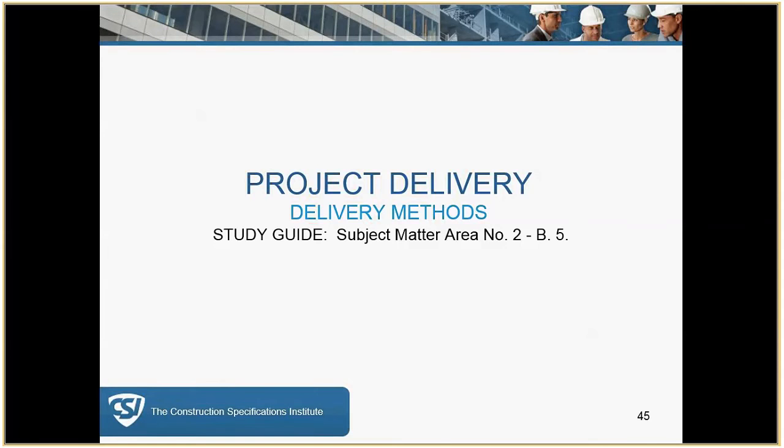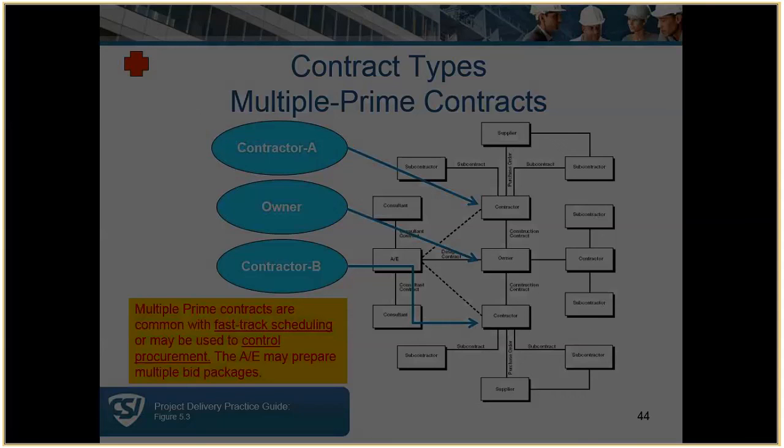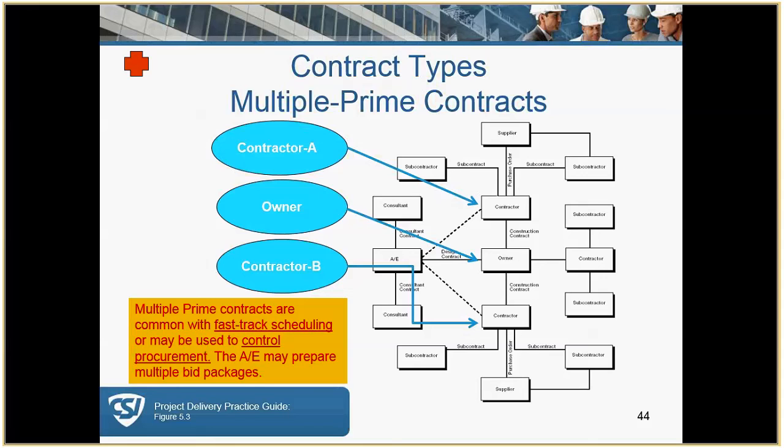Actually, I'd like to go back for 1 second. Important to note here, this is the type of contract that you would use when you're fast tracking a project. You want to fast track a project, you want to maybe release the civil portion, the foundation portion, and this is a good example.